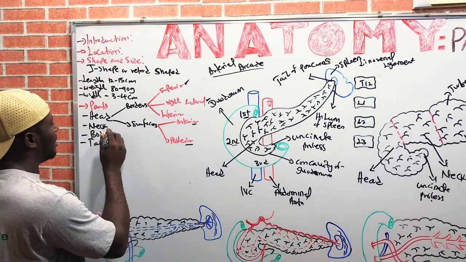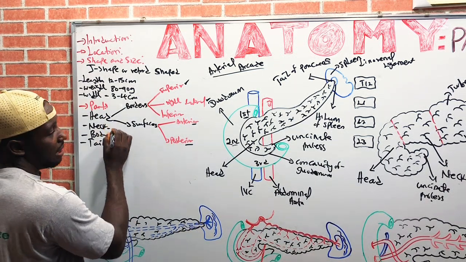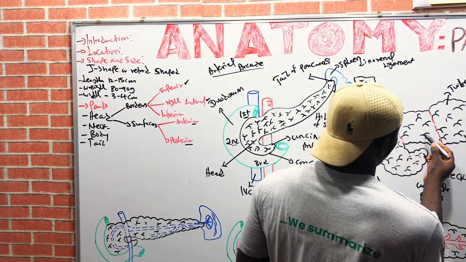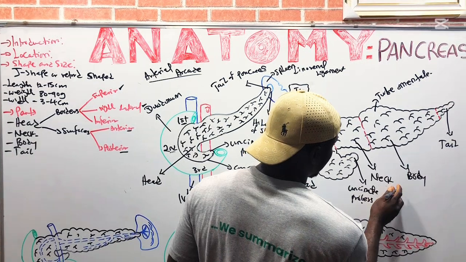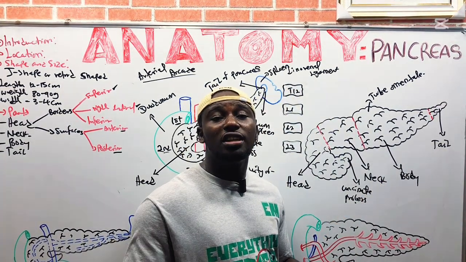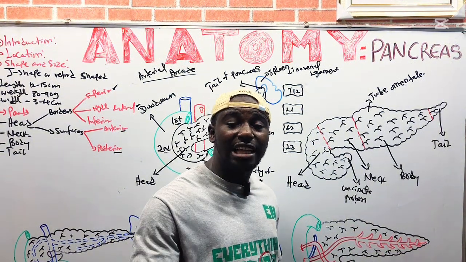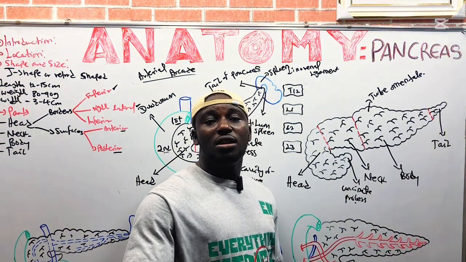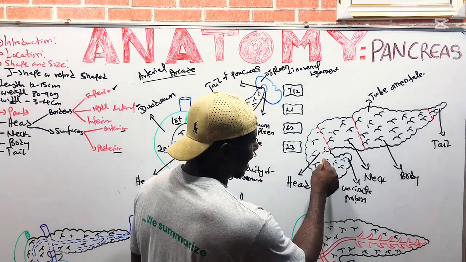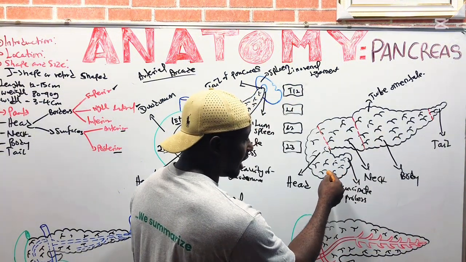Now let's quickly look at the neck of the pancreas. This is the neck of the pancreas, right? The neck of the pancreas is the constricted region of the pancreas which is found between the head and the body of the pancreas, because this is the body, this is the head, right?